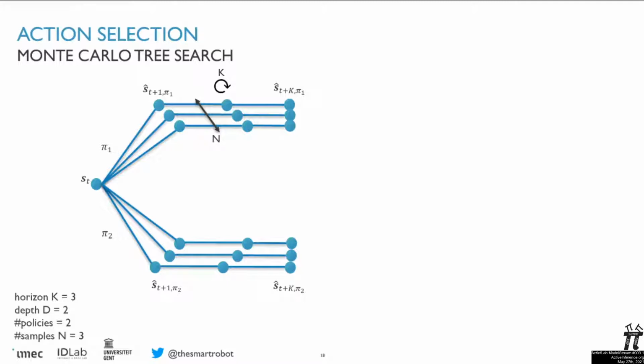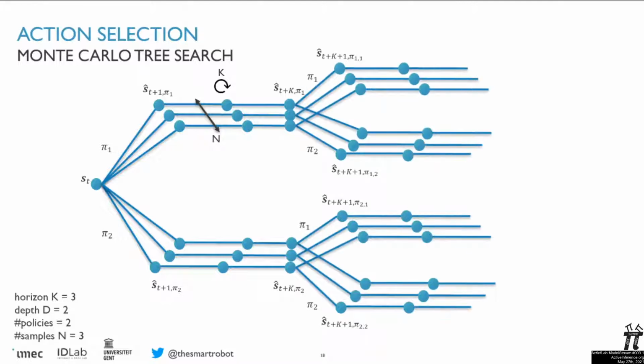And then at this point, so at time step t plus k, we can basically repeat this procedure and say, okay, what if after k time steps I switch policy? Maybe I first have to go left and before turning right, or maybe I have to turn left twice. So then basically you repeat this process, and this you can basically keep on adding to the search tree for as long as your computation power allows you, let's say.